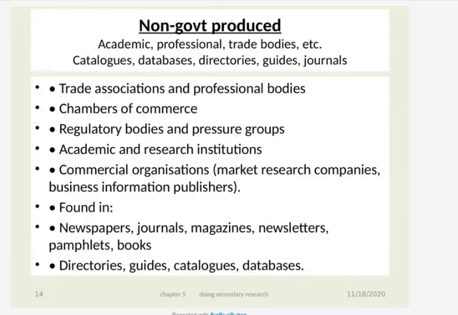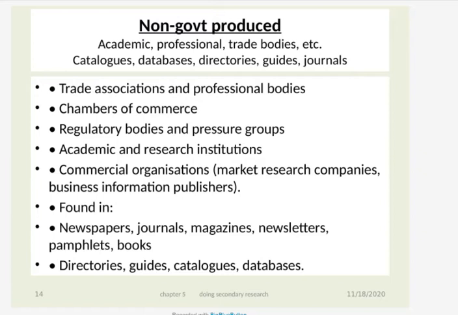احنا قلنا في two classification يا اما official او non official, non government produced. يبقى احنا عندنا some secondary external data are unofficial اللي هي non government published، مش الحكومة هي اللي جمعت البيانات دي. امال مين؟ they are non government entities.